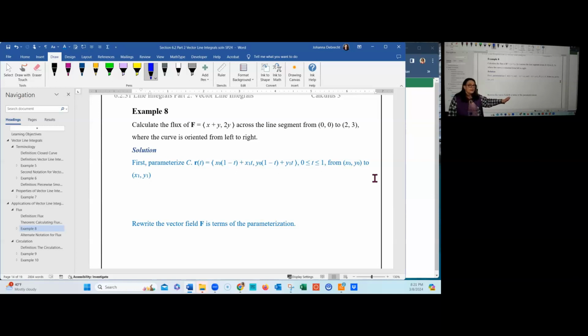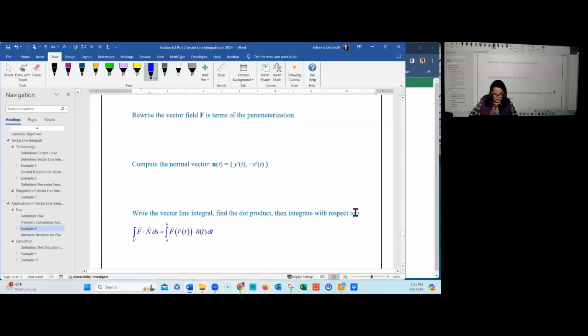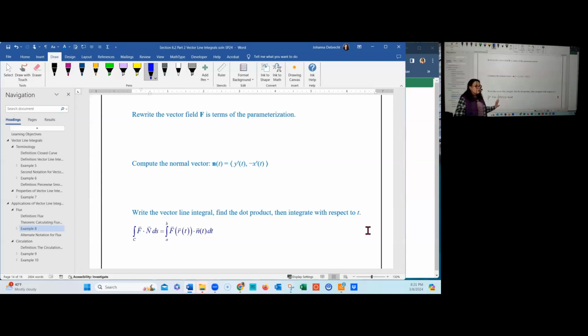Then we're going to rewrite the vector field in terms of the parameterization, f of r of t. Our next step is to find a normal vector, compute f of r of t dotted with the normal vector, and integrate between t equals a and t equals b. Go ahead and pause the video to work this one out, and then turn the video back on so we can compare our results.